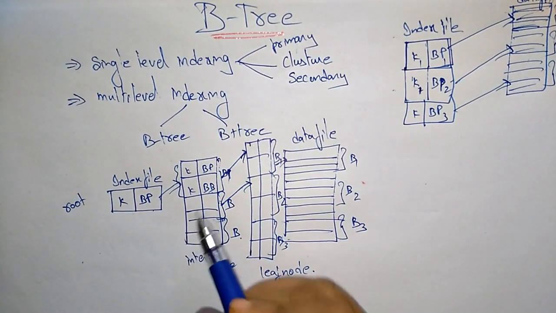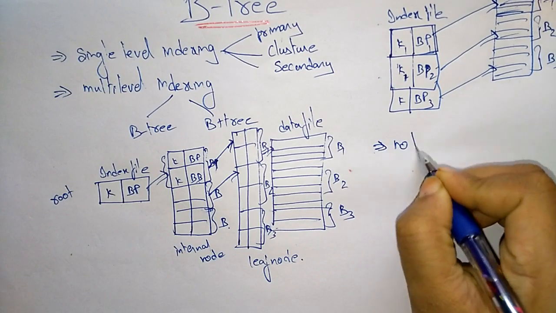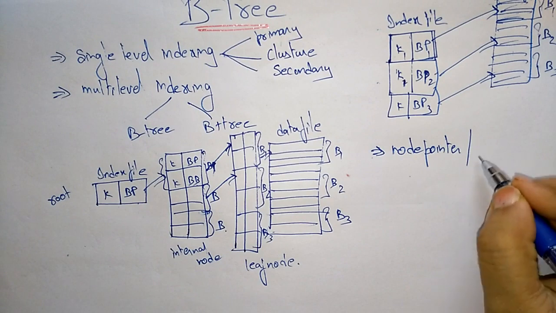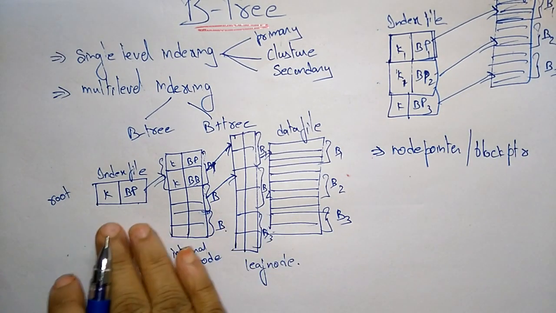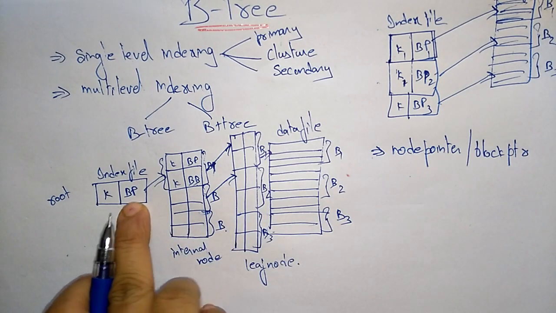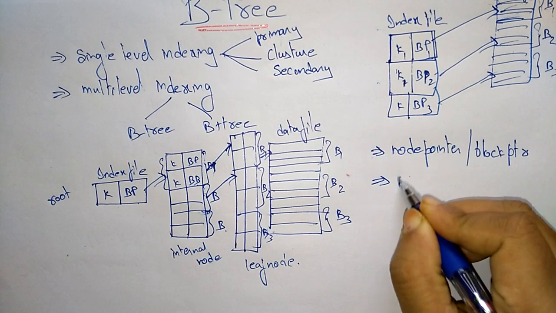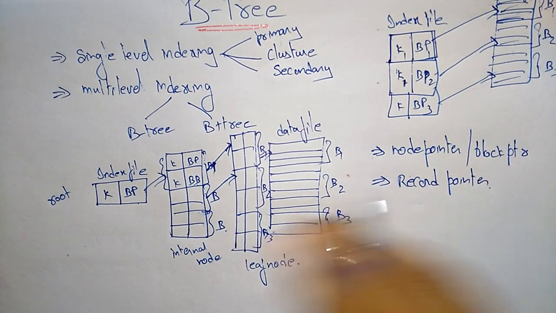The main points in multi-level indexing: it consists of a node pointer, or block pointer, which points to that particular block, and it has a record pointer.